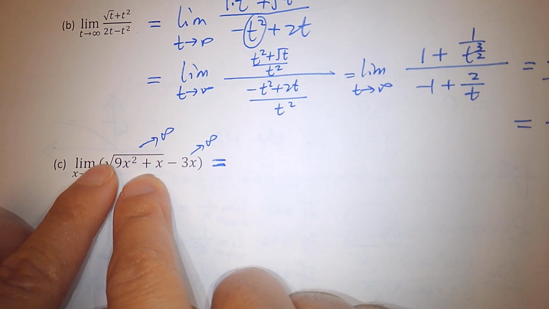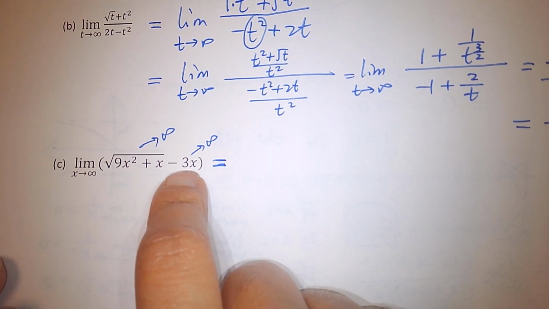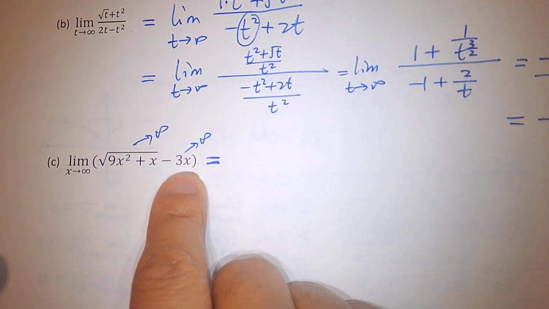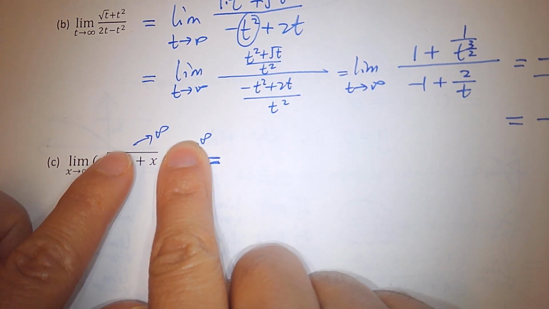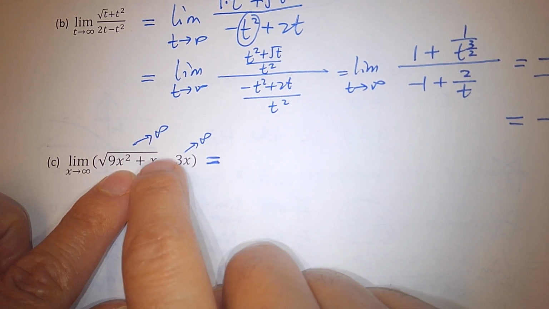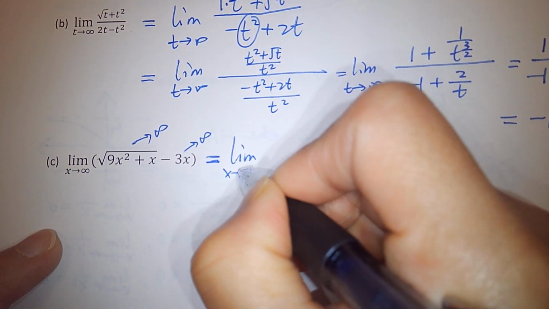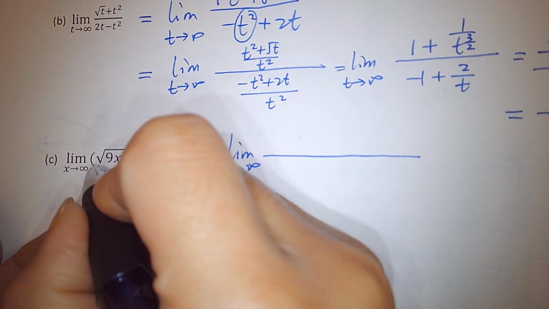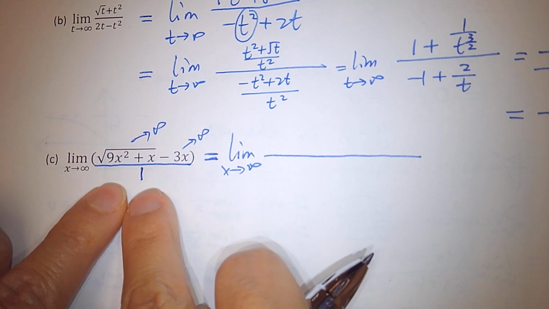When we encounter radical expressions, think about the conjugate. What is the conjugate of this thing? Square root of 9x squared plus x, plus what? 3x. Okay, so let's try this question in this way. This thing can be considered to be this thing divided by 1.